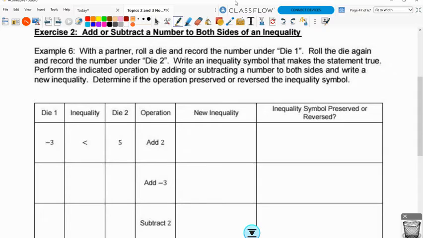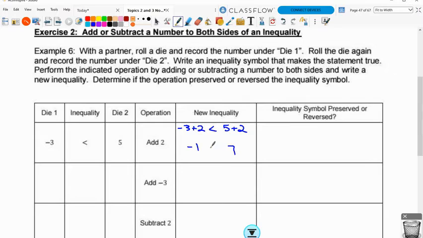The first thing I'm going to do with this example is add 2 to both sides. That's what it says in the operation column. So I have to figure out what my new inequality is going to say. So let's show that we're going to add 2. I'm going to do -3 plus 2, and I need to see if that's less than 5 plus 2. Well, if I have -3 plus 2, I know that's -1. And if I have 5 plus 2, I know that's 7.